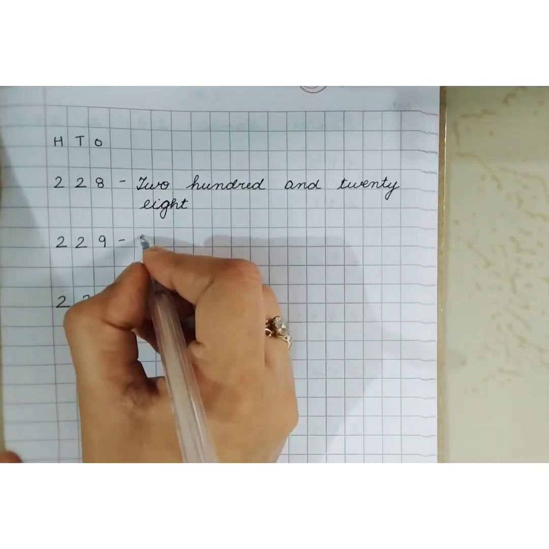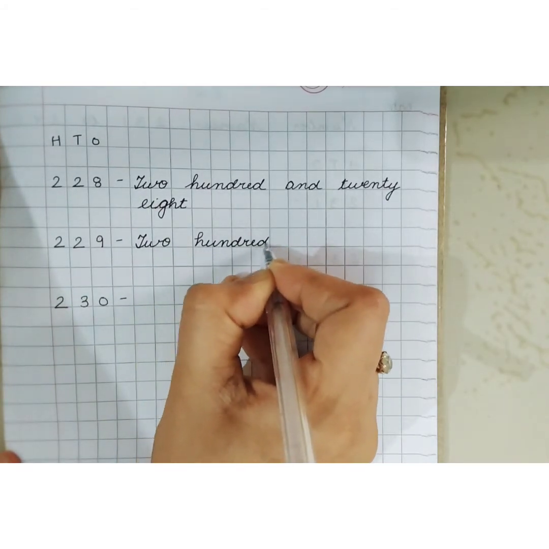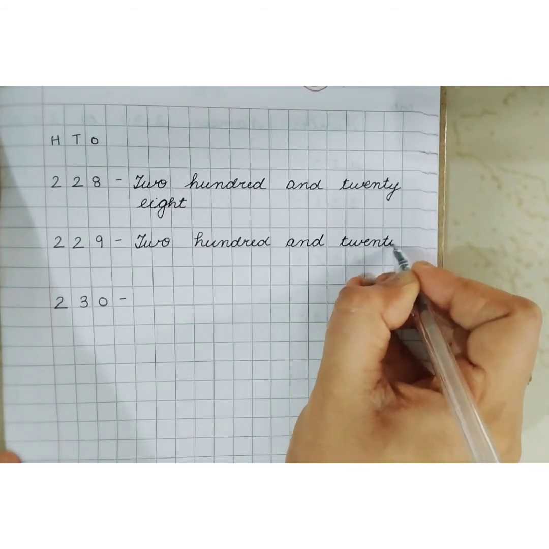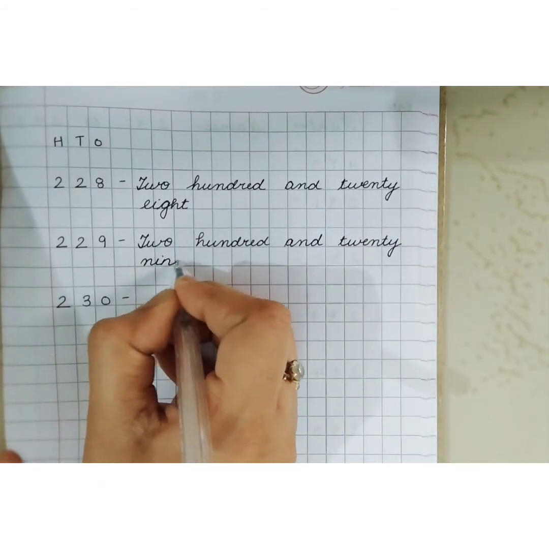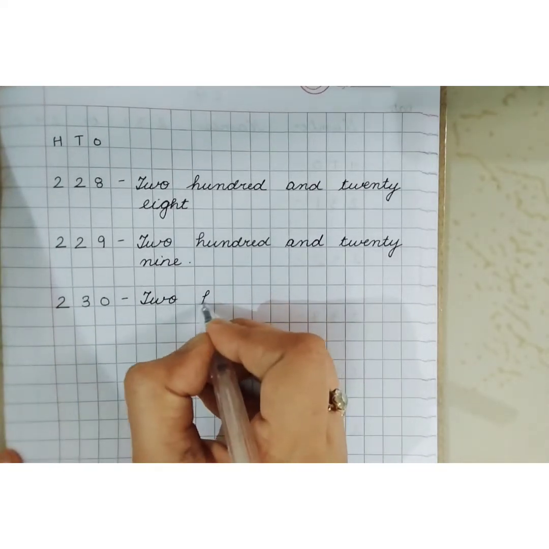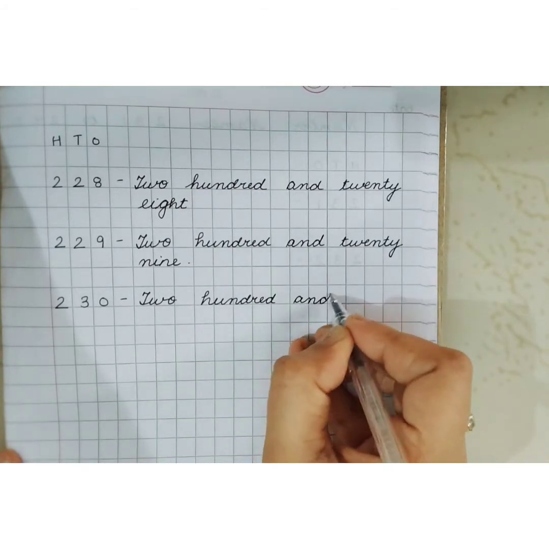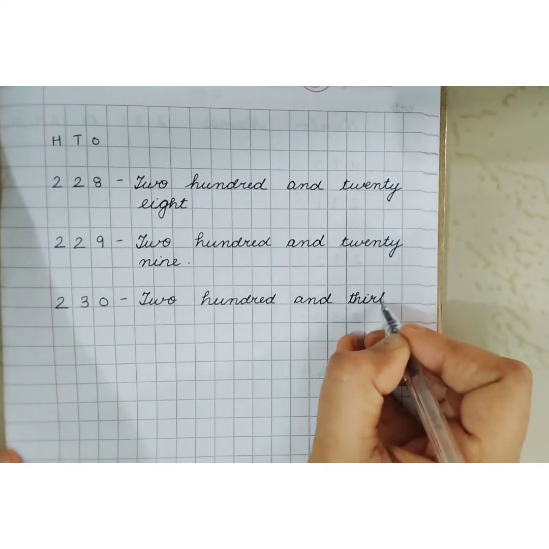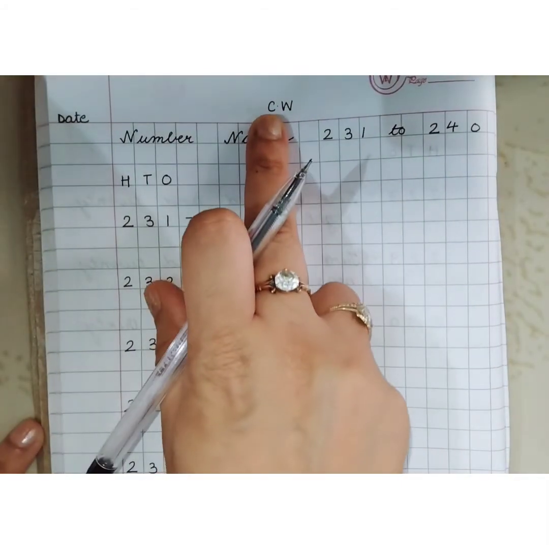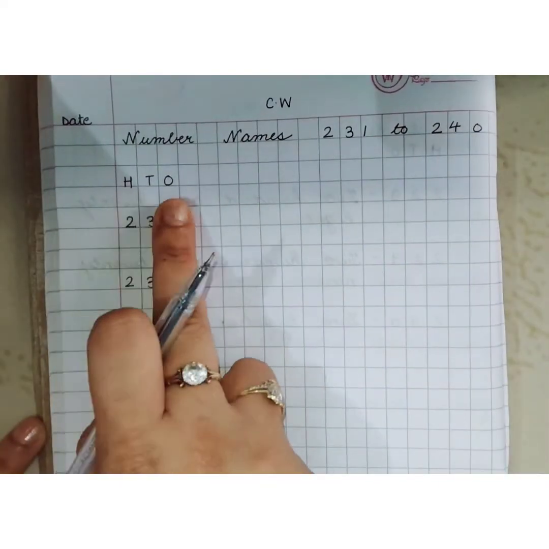Two hundred and 29. 230. Now children, you should know the spelling of 230, especially the spelling of 30, THIRTY, because after this we need to repeat the spelling of 30 in this set of numbers.